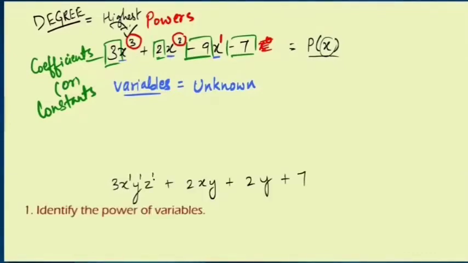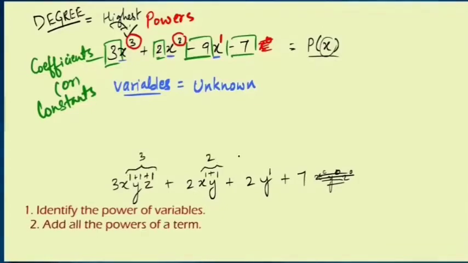Now one example where different variables are there. You can see 3xyz plus 2xy plus 2y plus 7. If you are asked what is the degree of this polynomial, what will you see? x, y, z are given there, they are the 3 variables.